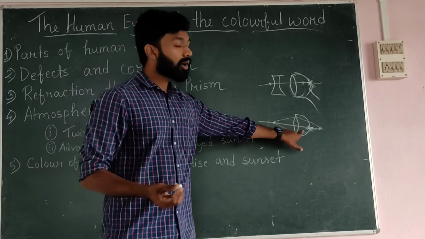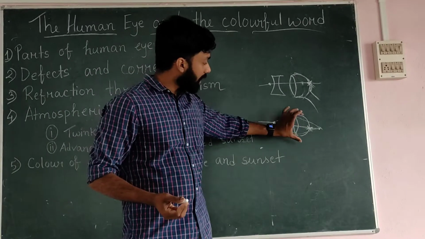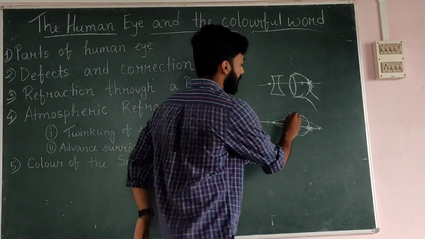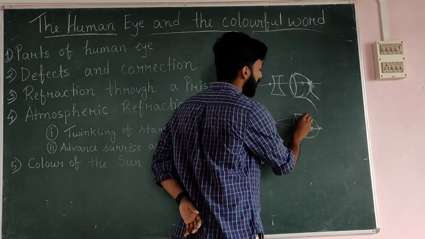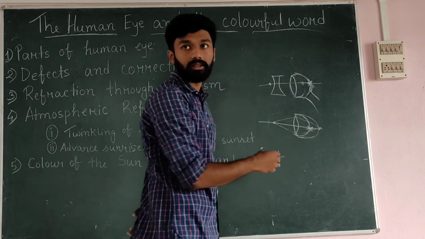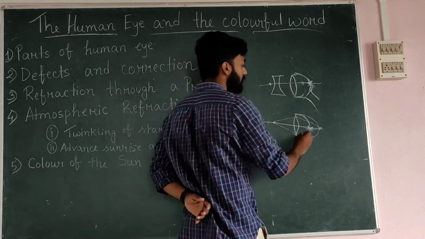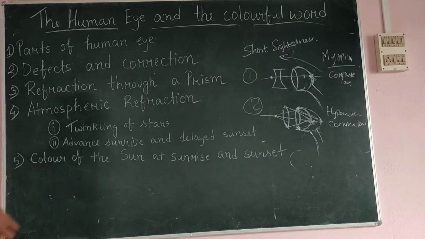Why? Here also the main problem is the lens. It will contract, or the eyeball is decreased. Actually the eyeball should be like this, but the eyeball is reduced in size and volume. So we call this defect hypermetropia.